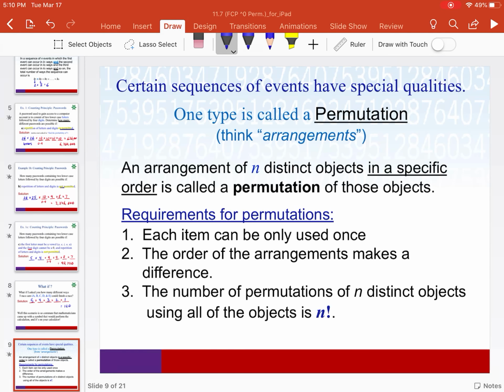These numbers actually get pretty large pretty quickly. Factorials grow quicker than exponentials do. At some point, none of your calculators can do 20 factorial: 20 times 19 times 18 and so on. That number is huge. Okay. So just a few more things about factorials.